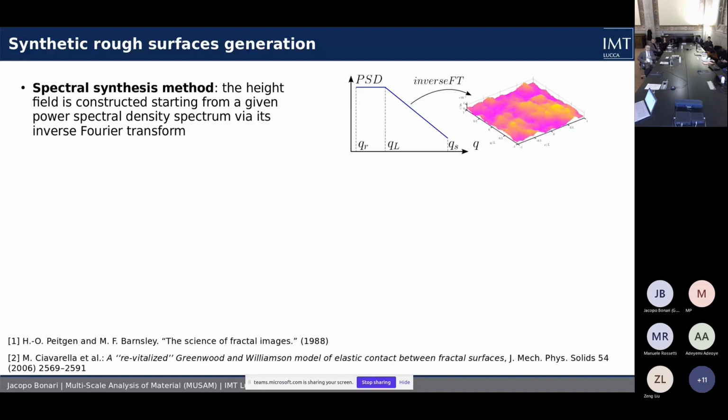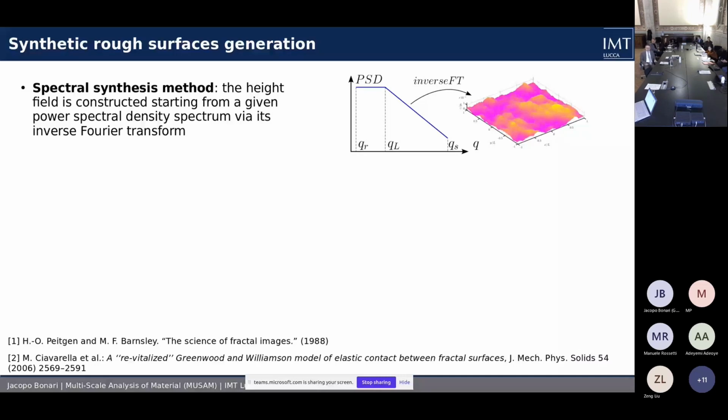The first one is called the spectral synthesis method, which exploits a property of fractal surfaces, which is that their spectral density function is logarithmic linear, so that we can define a priori the power spectral density and then map back the original surface by an inverse Fourier transform operation.